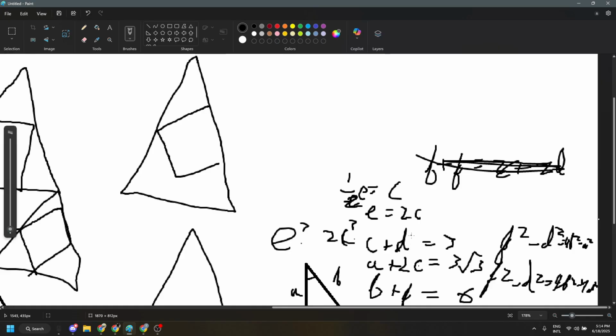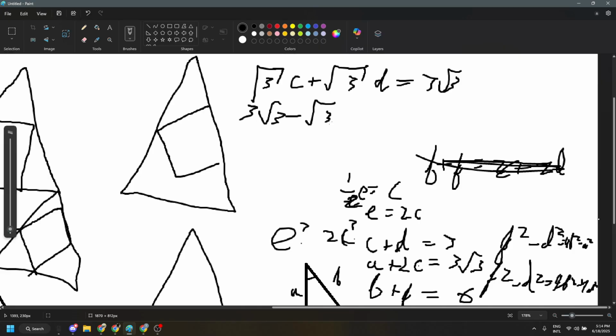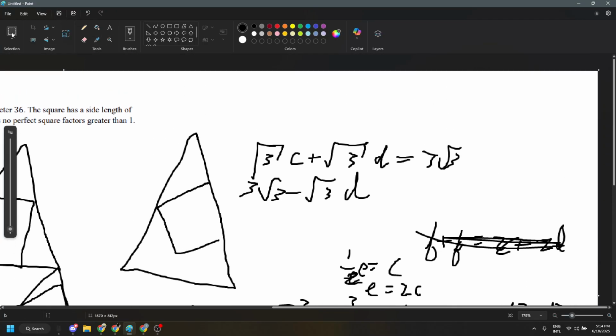Multiply everything here by root 3, so root 3 C plus root 3 D is equal to 3 root 3, and then we have 3 root 3 minus root 3 D is equal to this. Shoot, I did that wrong.